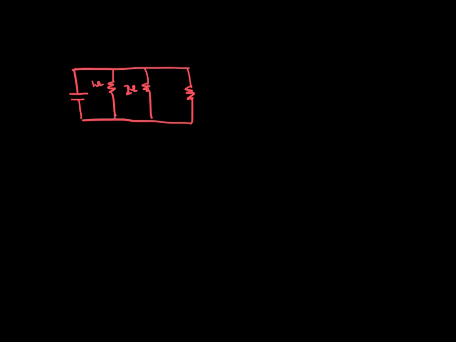So all three resistors, you can clearly see that both lower ends of the resistors are wired to the same point in the battery, and both upper terminals are wired to the same point, or the positive terminal of the battery.